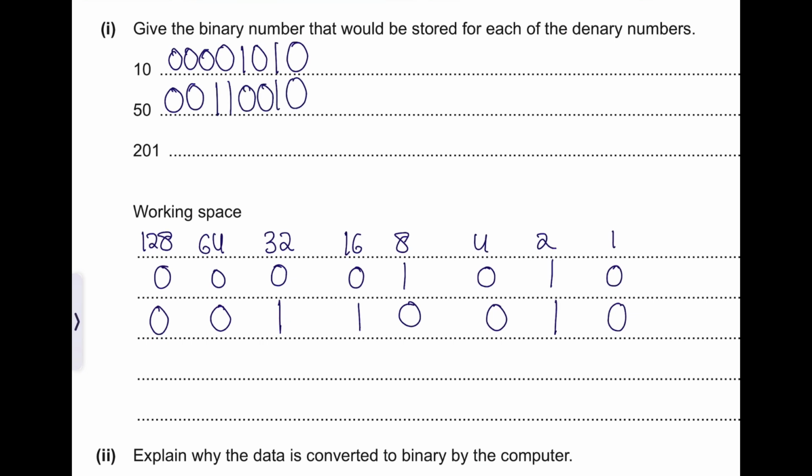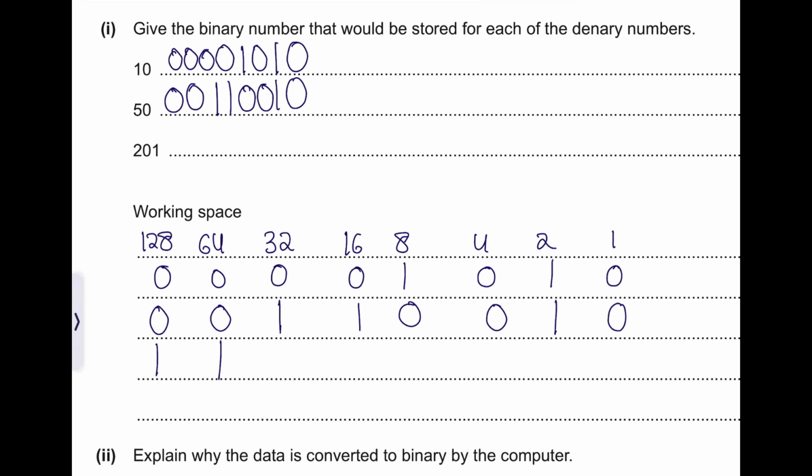Then you have 201. For 201, the lowest number I see is 128. Now when I do 201 minus 128, it gives me 73. 73 minus 64 is going to be 9.